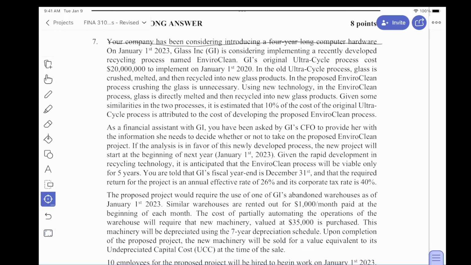In the proposed EnviroClean process, crushing the glass is unnecessary. Using new technology, the EnviroClean process, glass is directly melted and then recycled into new glass products. Given some similarities in the two processes, it is estimated that 10% of the cost of the original UltraCycle process is attributed to the cost of developing the proposed EnviroClean process.